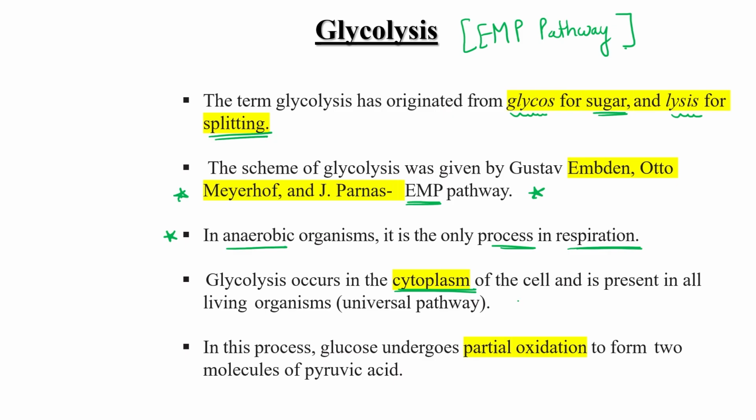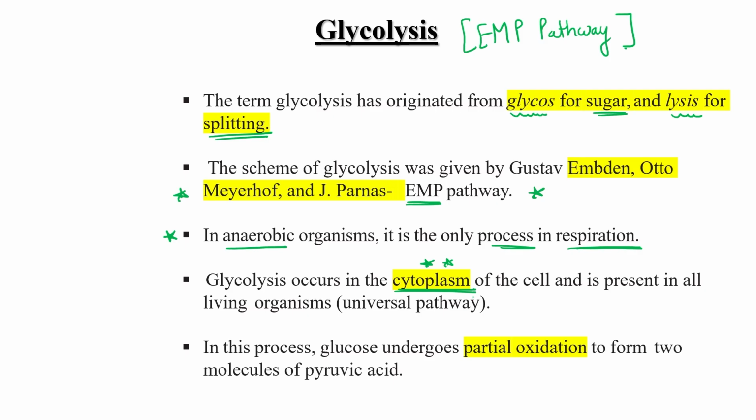In the absence of mitochondria they also require energy for their metabolism, which is continuously going on in their cell for their development, for their reproduction, and for all the life processes. If they don't have mitochondria, does it mean they don't generate energy? No. Through glycolysis they can generate energy, because glycolysis occurs only and only in the cytoplasm of the cell.